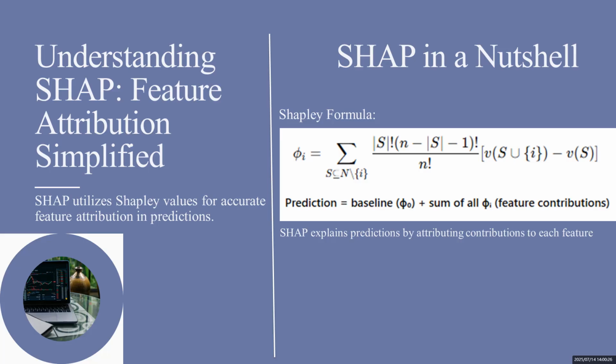Some features increase prediction, while some decrease prediction. So we're going to see all of this impact. We're going to see features that are not relevant to the prediction process of the model. This is what SHAP tries to reveal: the attributed contribution of each feature to the model prediction.